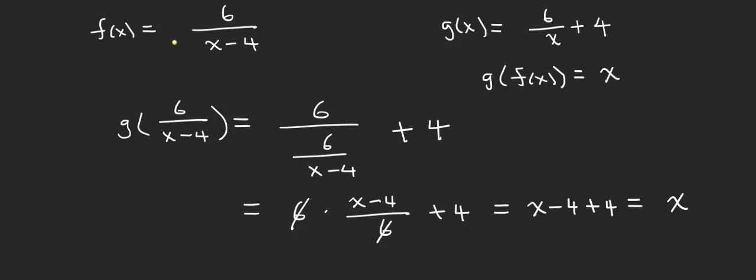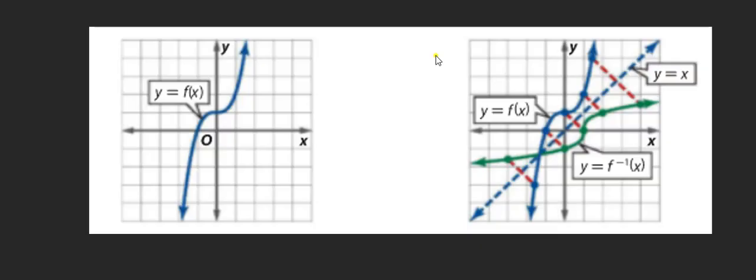Therefore, we can conclude that f of x and g of x are inverse functions of one another. Let's say you have a graph of f of x, and they want you to sketch the graph of f inverse of x. What would you do?